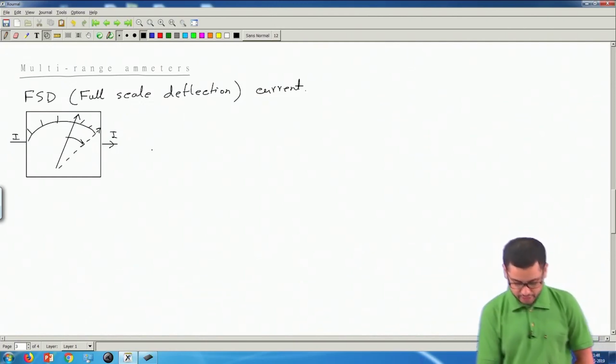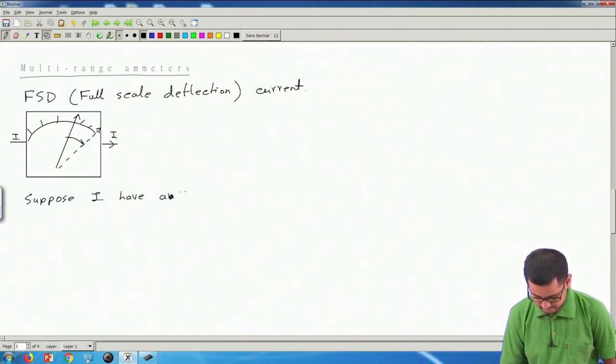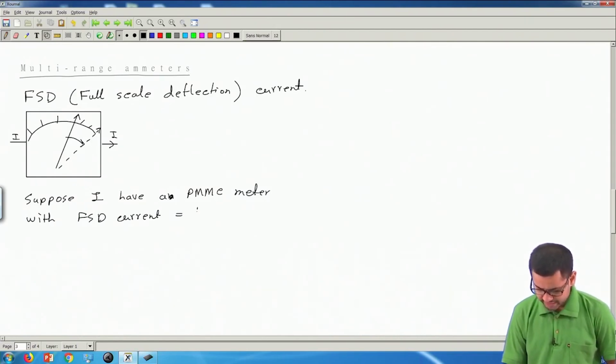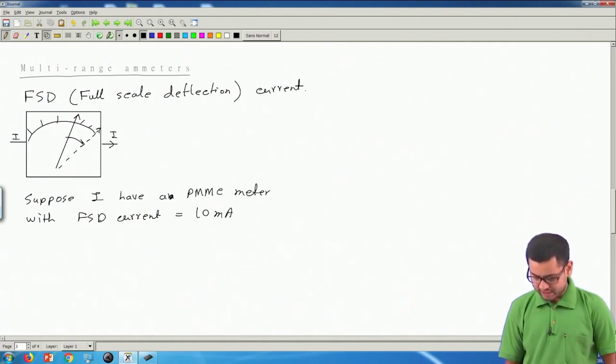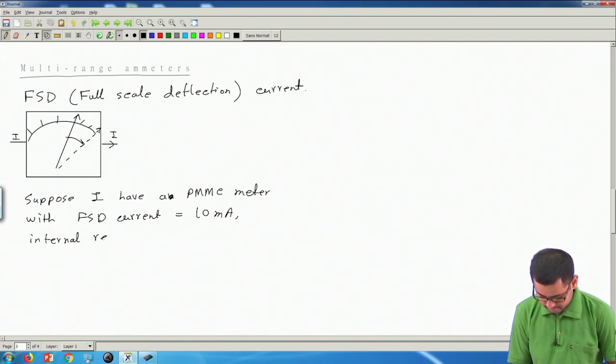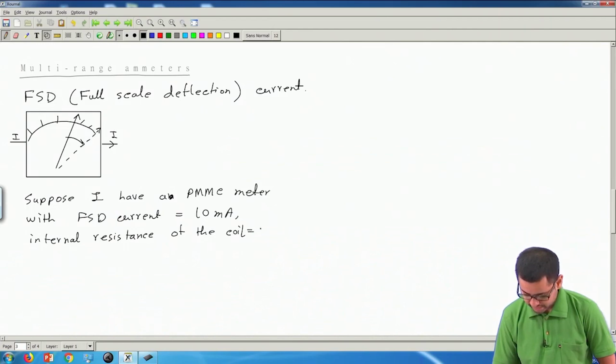Now suppose I have a PMMC meter with FSD current equal to say 10 milliampere, and say the internal resistance of the coil is also known to be, take it, 99 ohm as an example.